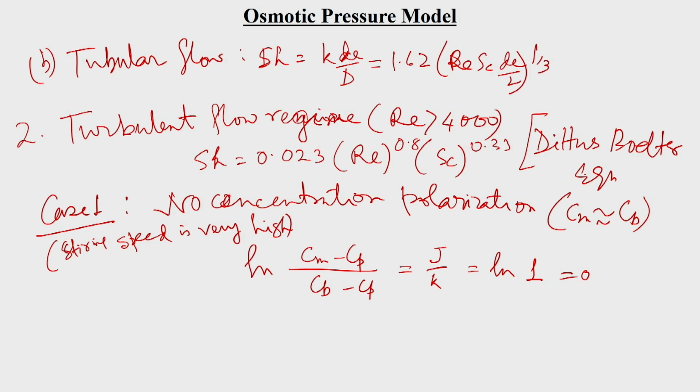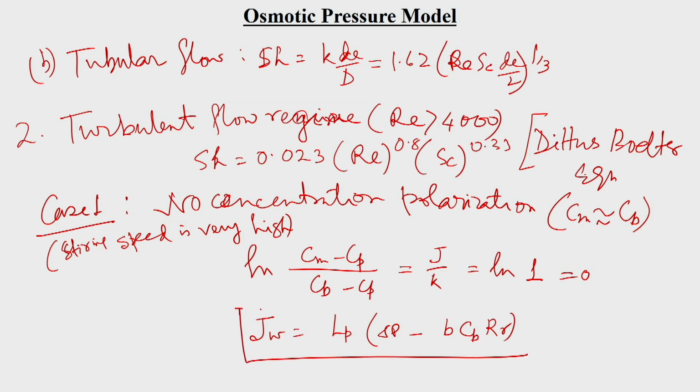In that case Jw is equal to Lp into (del p minus B into Cb into Rr). So whenever there is no concentration polarization, Jw will be Lp into (del p minus Cb into Rr).